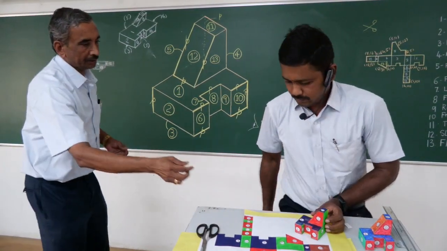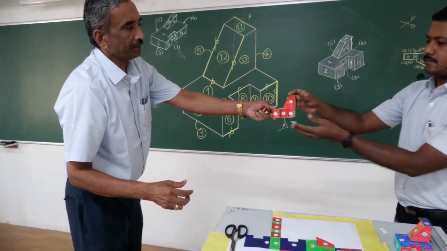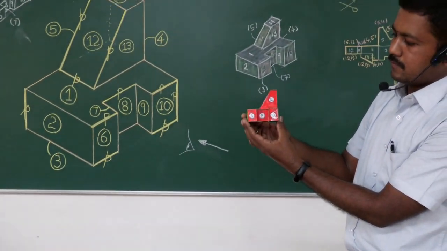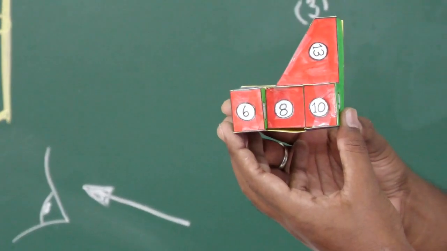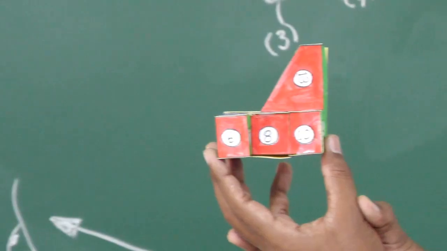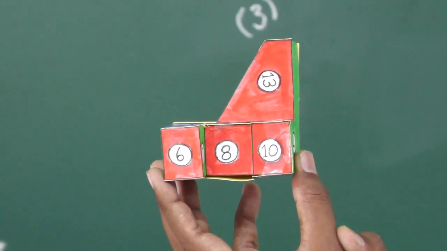Now the model is made. What faces are seen in the front? Students, you can think for a while and write down what faces you are seeing while you look from the front.